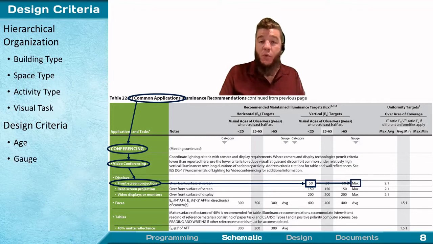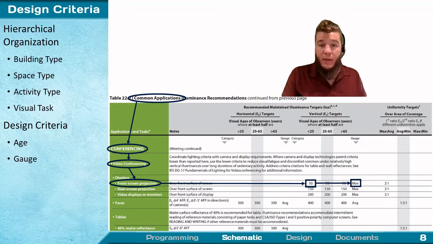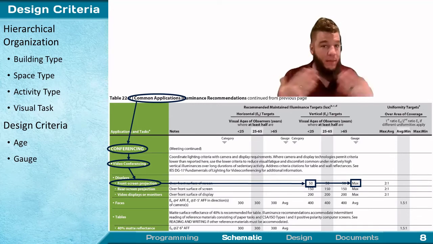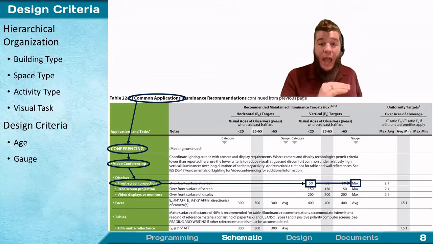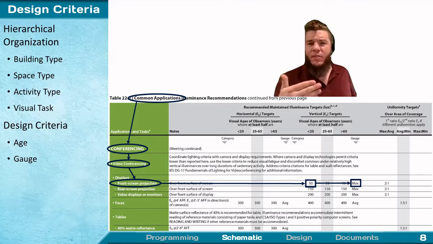Now that we've established which number we want to utilize, in this case, it's going to be 50 lux, we need to look at the gauge. The reason I'm using this example as opposed to any other is because this gauge is not an average like it usually is, it's a maximum. And let's think about this. It makes sense, right?